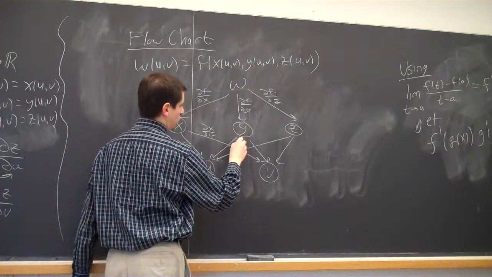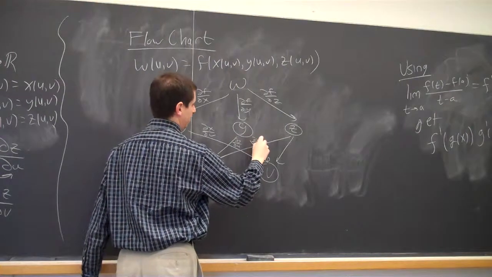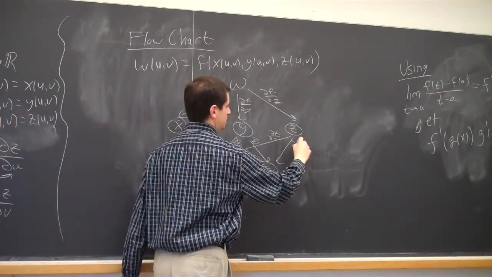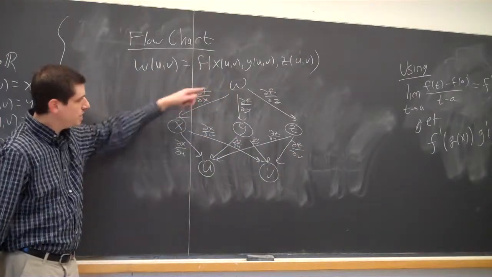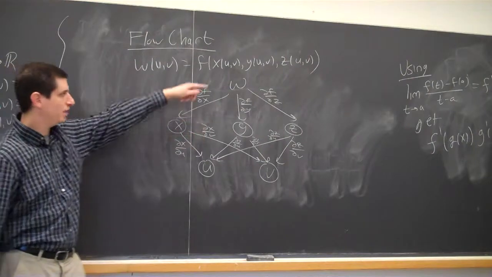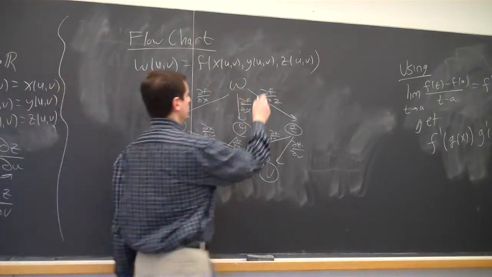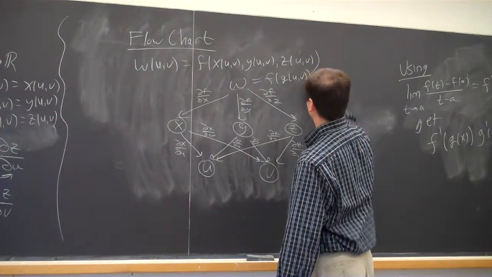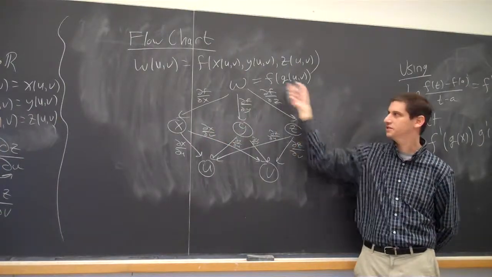This is dy du, this is dy dv, this is dz du, this is dz dv. And so you make a chart like this. You start over here with your function, and then your function, your w, this is our f of g of uv.